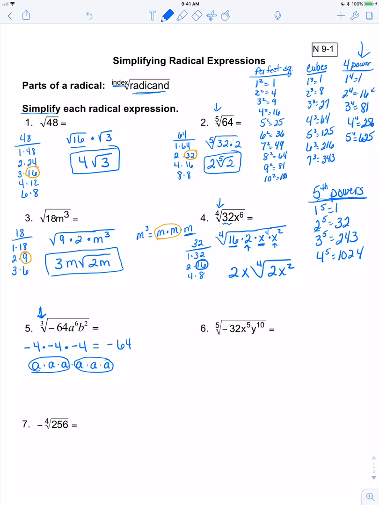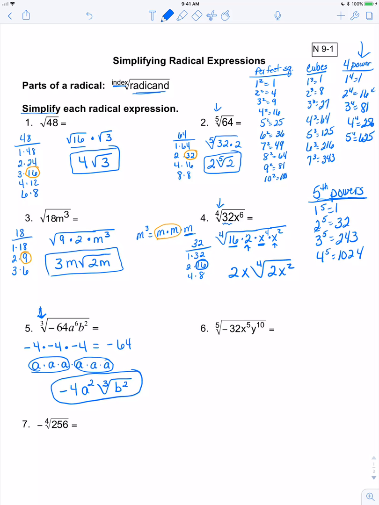So that's going to get to come outside the radical as a squared. Okay, so we've got -4 as our cube root of -64, a squared is the cube root of a to the 6th, and we're left with the b squared. He needed one more friend, and he didn't have a friend to come out with.